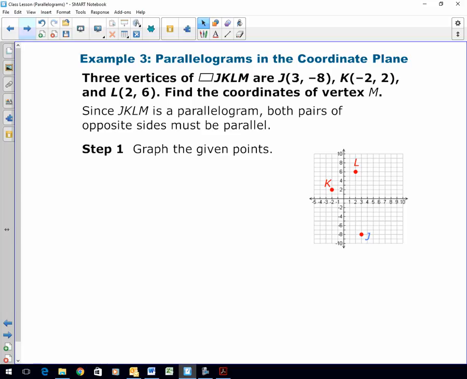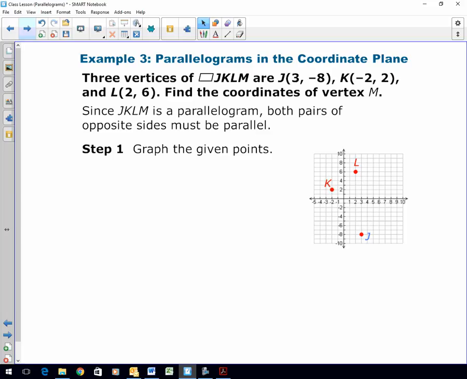Look how we could ask these. Could ask them like this. It says 3 vertices of parallelogram JKLM are J, K, and L. Look at that, it even graphed it. What one is missing? M. M is missing, guess what you're gonna have to do?